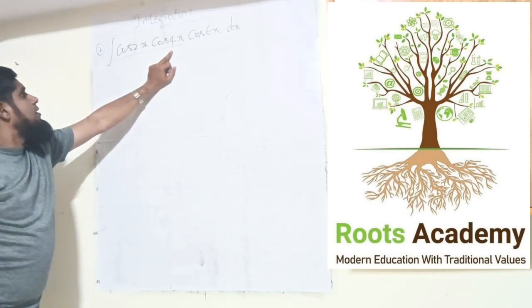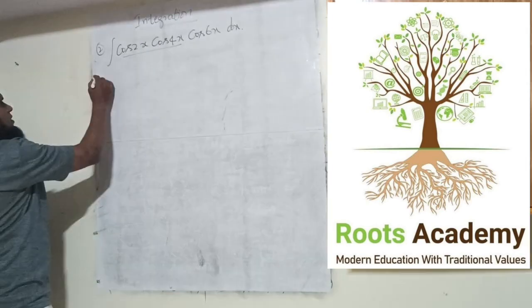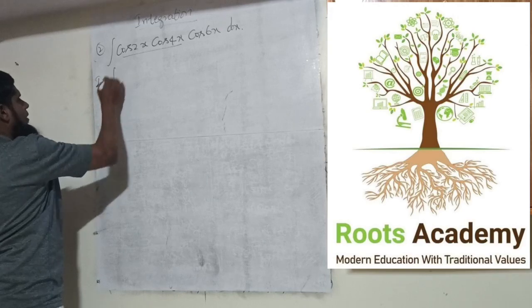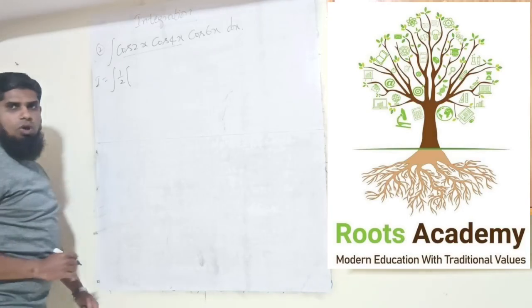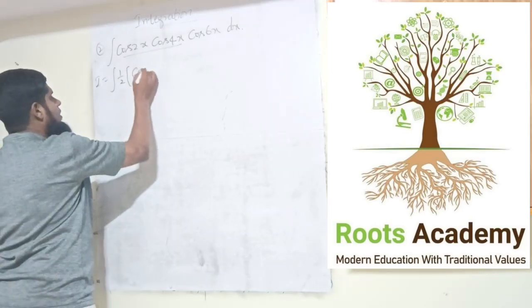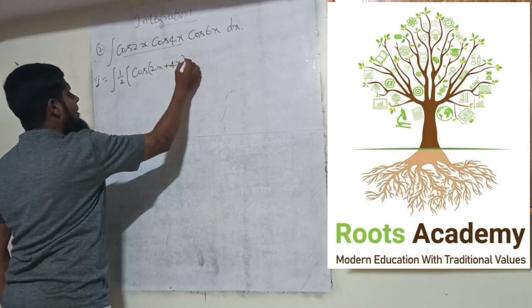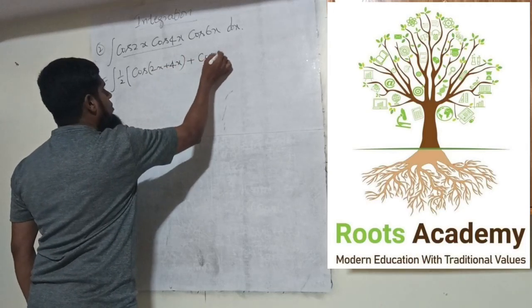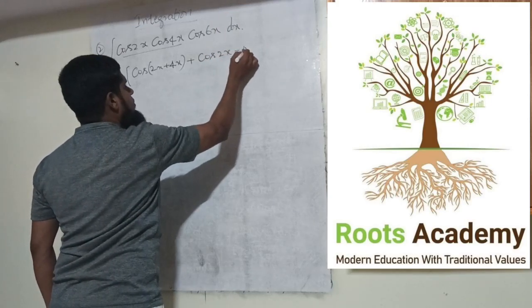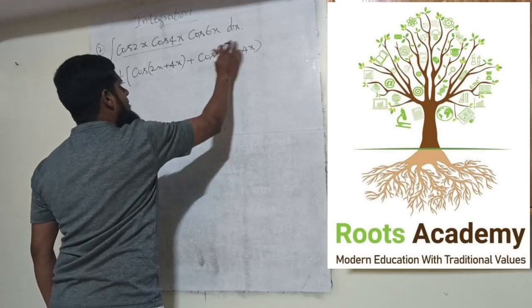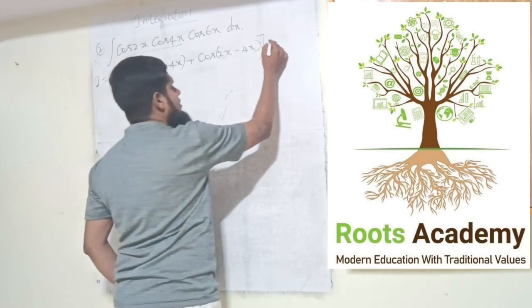Now the cos x cos y formula says integral half bracket cos(x plus y) plus cos(x minus y). Sorry, x is 2x and y is 4x. Close the bracket, into cos 6x as it is.